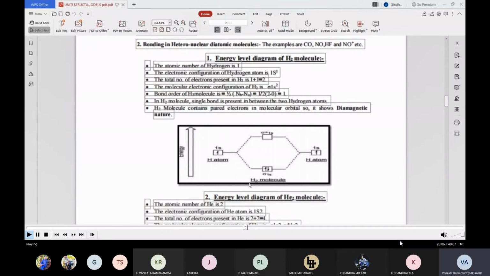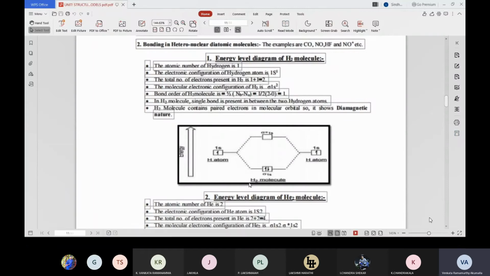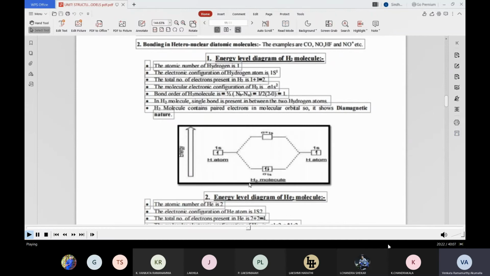Two hydrogen atoms, see that figure. One hydrogen atom has one electron, and the other hydrogen atom has one electron. So two electrons go into the molecular orbitals, sigma 1s2 and sigma star 1s2.